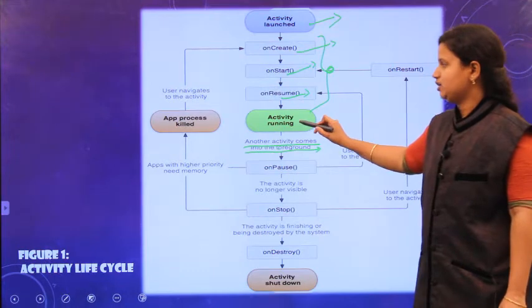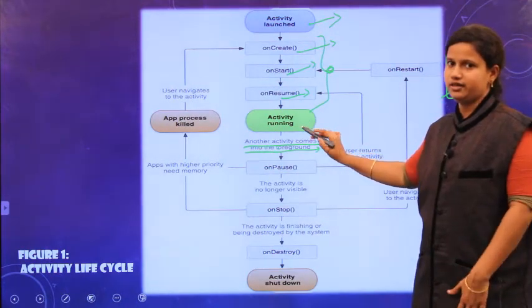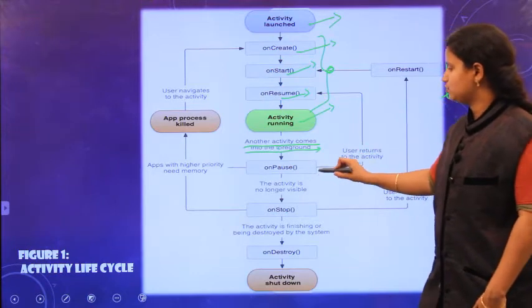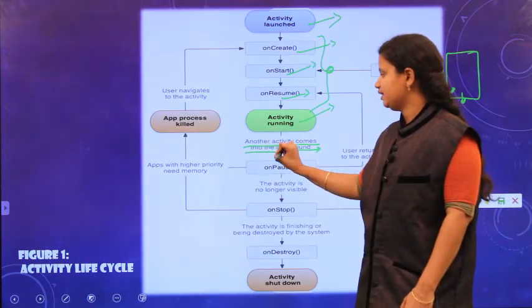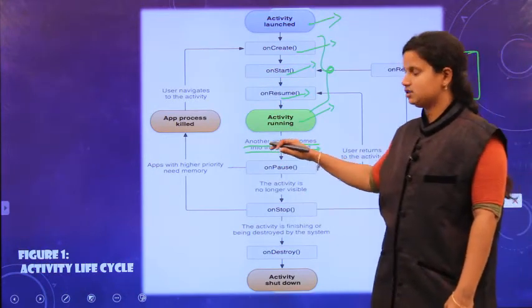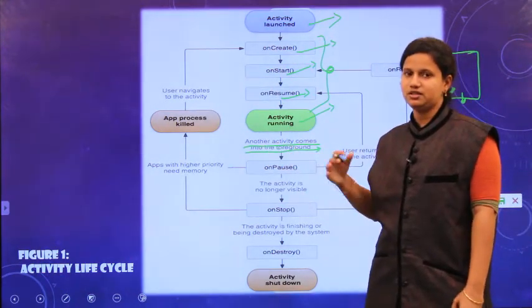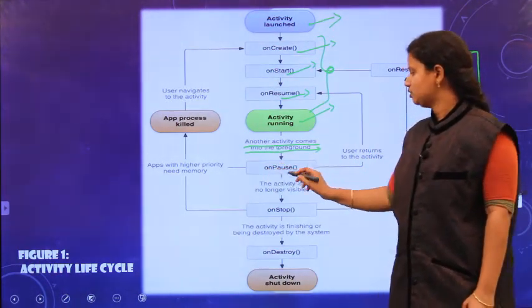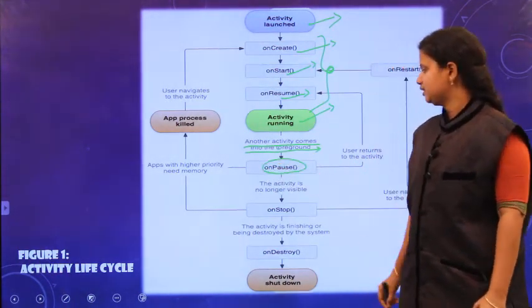The activity is presently in the running state, but from the running state we go to the onPause method. That means another activity becomes the foreground, another activity comes into the foreground. That means the present activity will be in the background state. In that situation, it will call the onPause method.